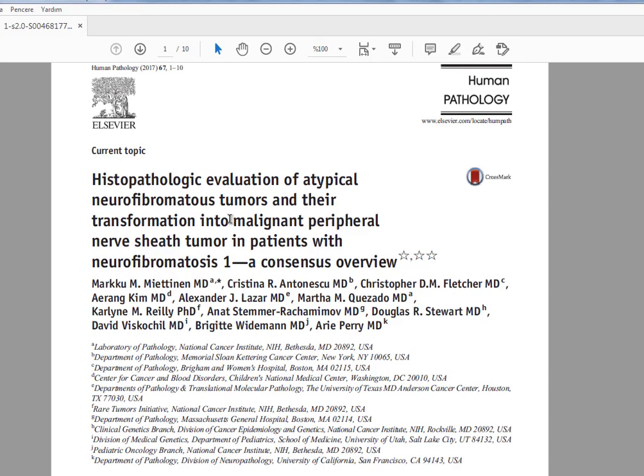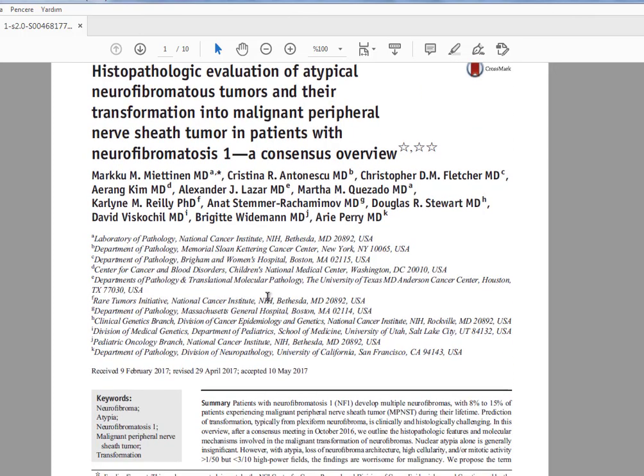So I'm going to talk briefly about the diagnosis of ANNUBP. This is a relatively recent paper about this terminology, and these atypical neurofibromatous tumors are renamed ANNUBP. This mainly deals with patients with neurofibromatosis, but I also find this terminology quite suitable for tumors in non-neurofibromatosis patients.